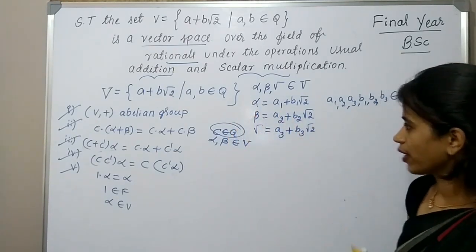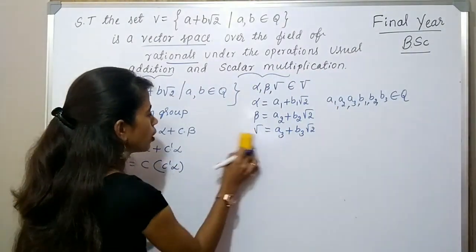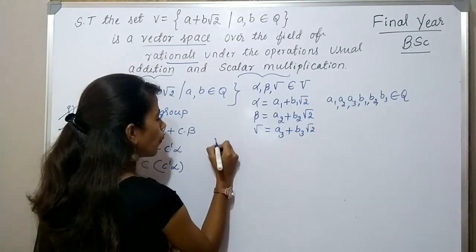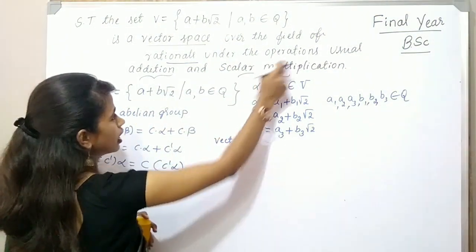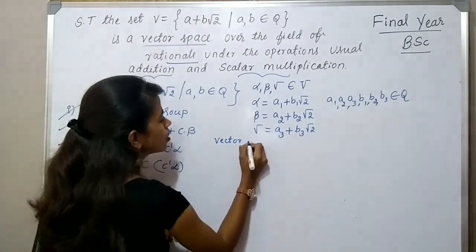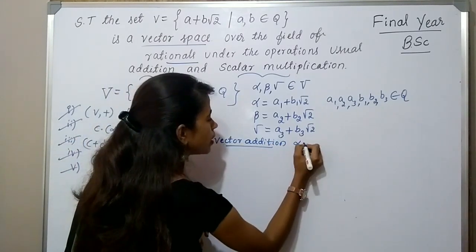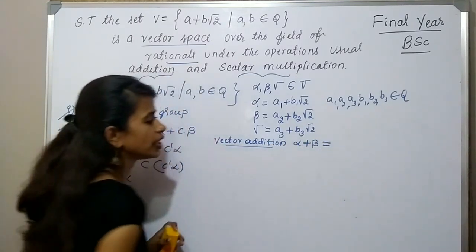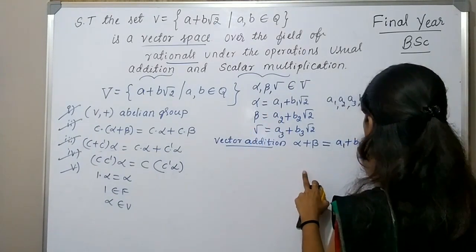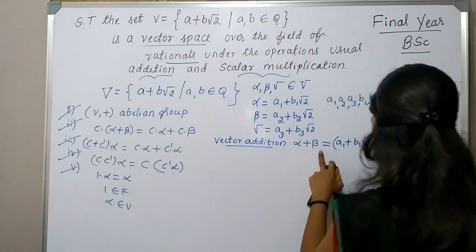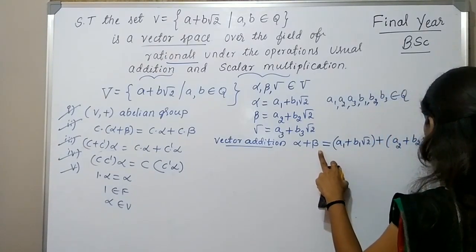So let us start with the first condition. Let's check the first condition. For that, we must define vector addition, here with respect to the usual addition and scalar multiplication. So I am taking usual addition. Here, what is alpha plus beta? Alpha is a1 plus b1 root 2 plus beta is a2 plus b2 root 2.